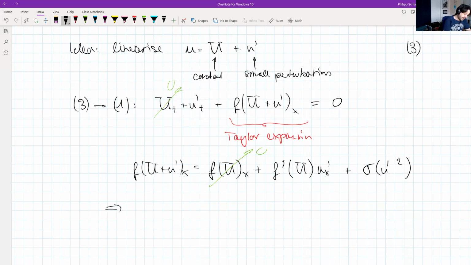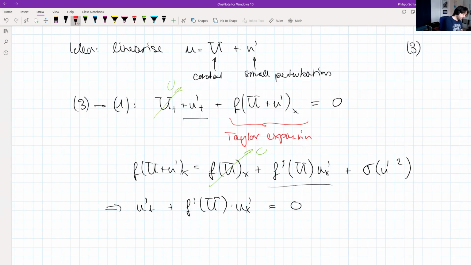So what I retain is U prime of t, so this guy, plus this guy here, plus f prime of capital U times ux prime equaling 0. So this is what remains from the linearization.